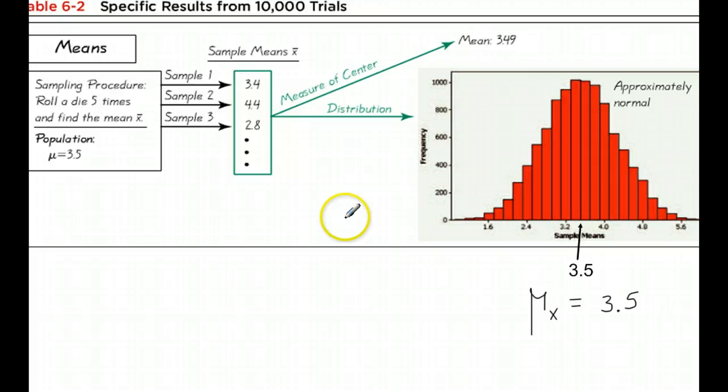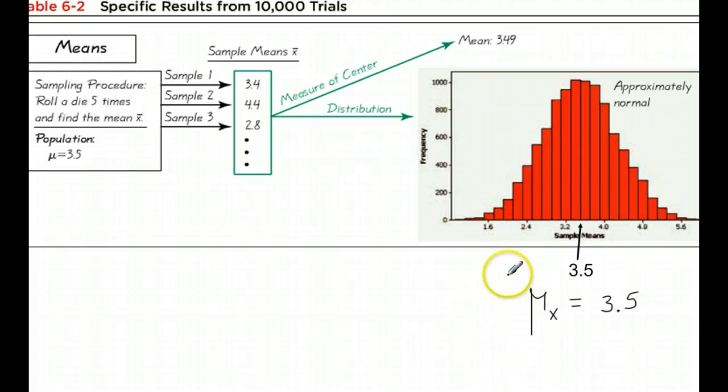So what we see, if we do this 10,000 times, 10,000 trials, is a bell curve start to form for the distribution of the sample means.